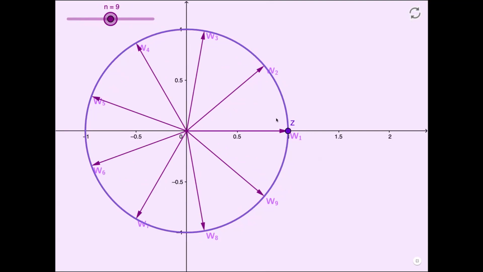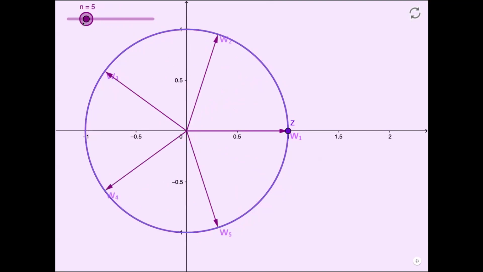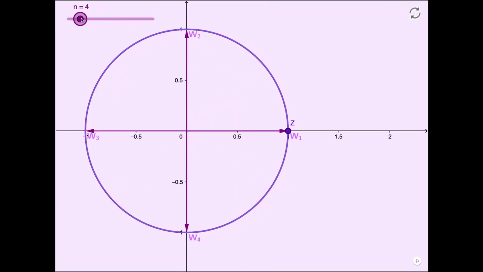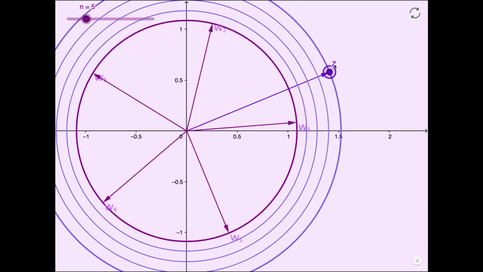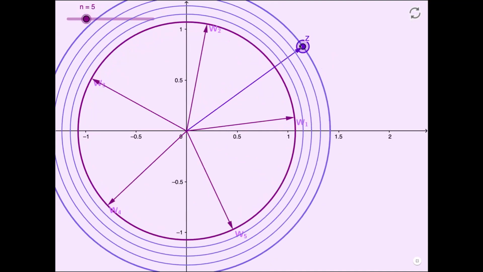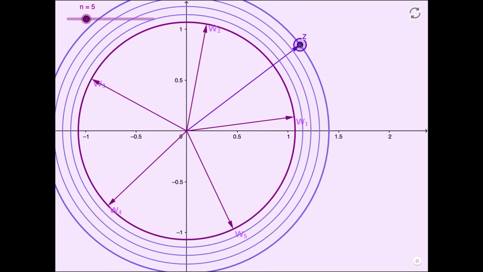And what if the number had not been literally on the axis? Let's do something less crazy, like maybe 5. If the number had an initial angle, you divide that angle by the root, so divided by 5, and then you multiply by these 5 roots of 1. That's how you would do it.